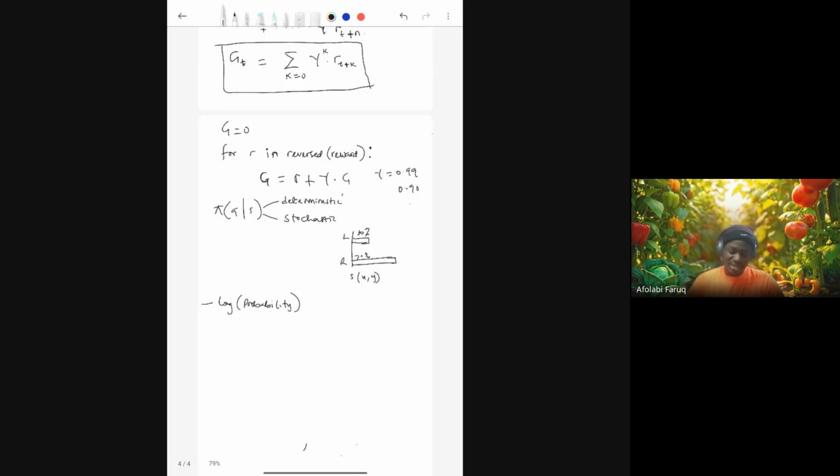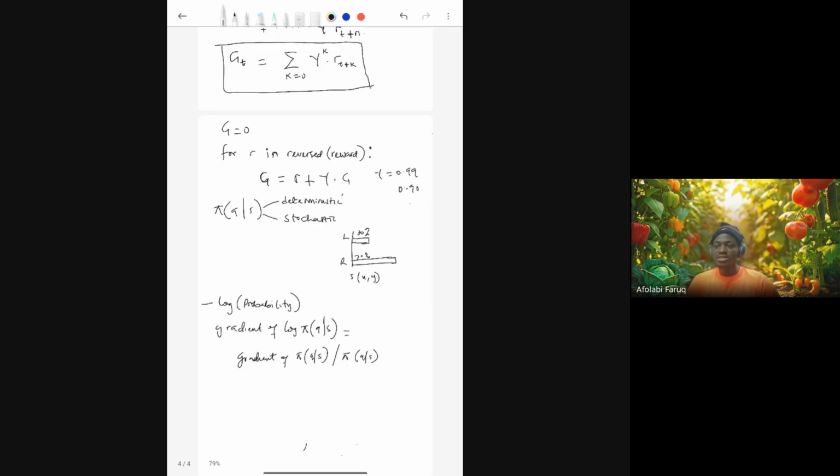In doing that, you can say that the gradient of the log probability of a given policy, that is the action to be taken given a state, is equal to the gradient of the policy of an action given a state divided by the policy of an action given a state.